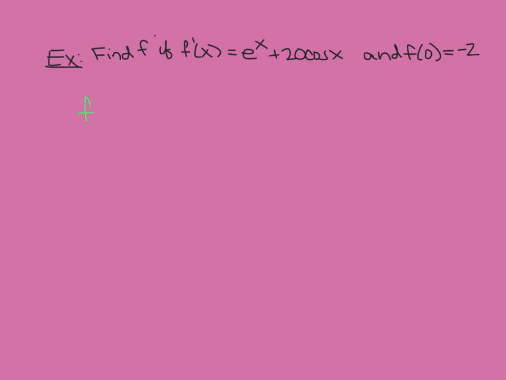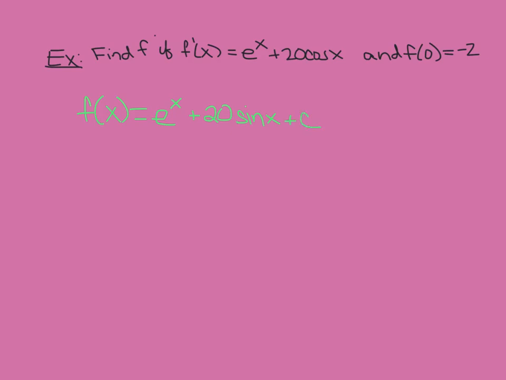First of all, we're going to find our f of x. The antiderivative of e to the x, you're going to like this one, is just e to the x. That one's not that bad. The antiderivative of 20 cosine x is going to be 20 sine x. And don't forget your plus c.